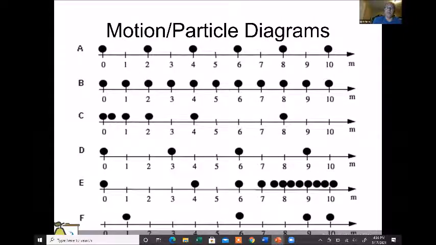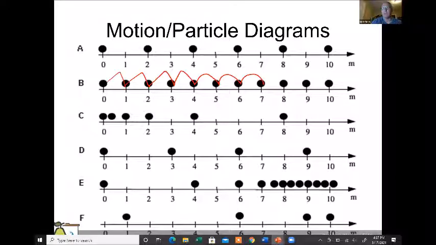Remember that the time between each one of these dots represents 1 second. If we look at B, between 0 and 1, this thing goes 1 meter. In the next second, it goes another meter, and another meter, and another, and another.